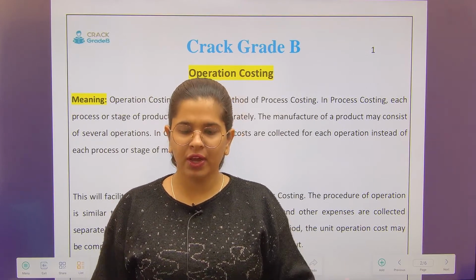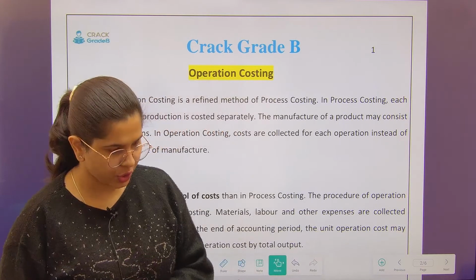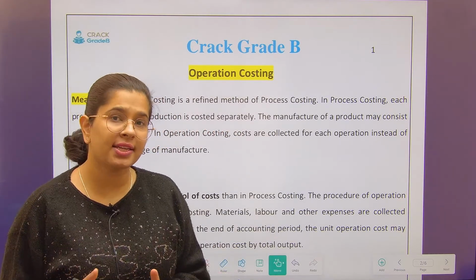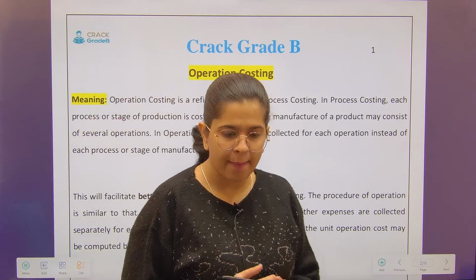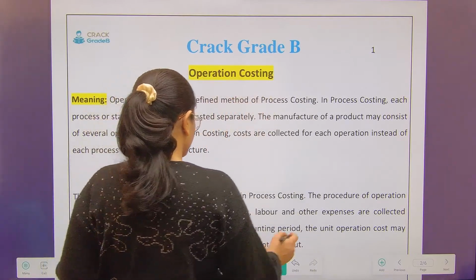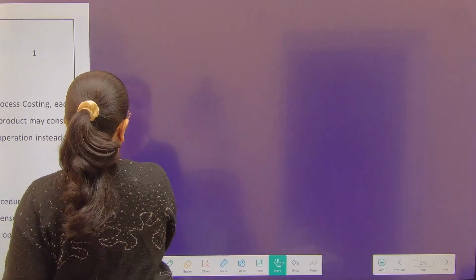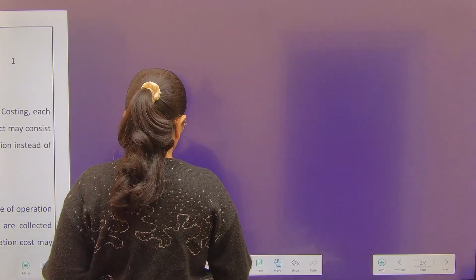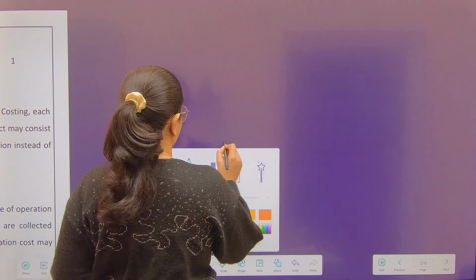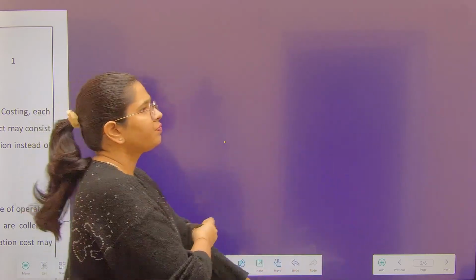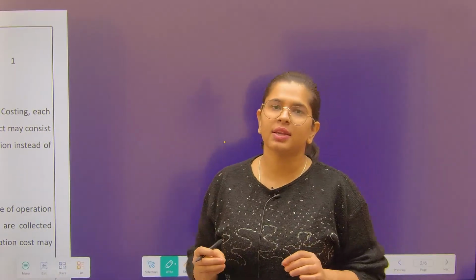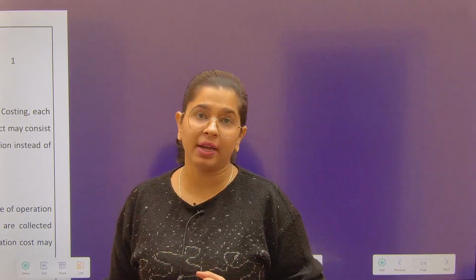So today we are going to start operation costing. We have already studied operating costing, but today I'll tell you the difference between operation costing and operating costing. Before this in costing, we have covered operating costing.